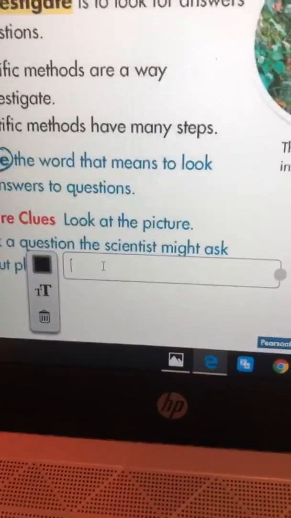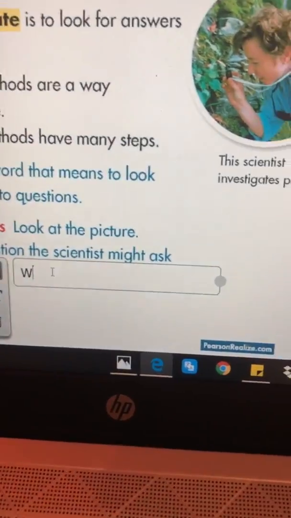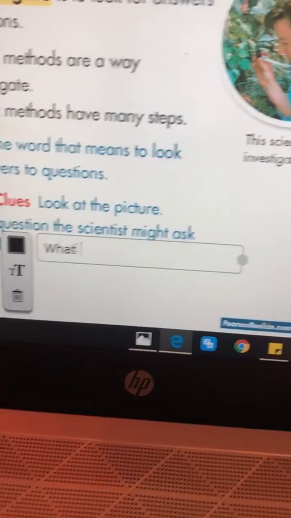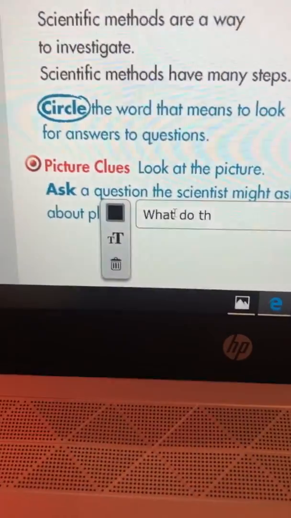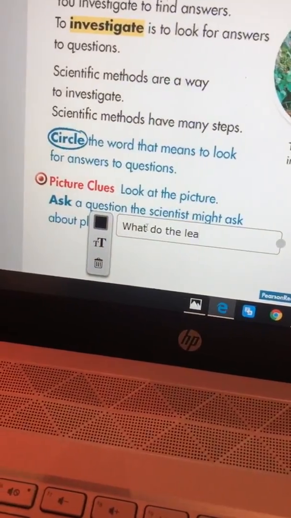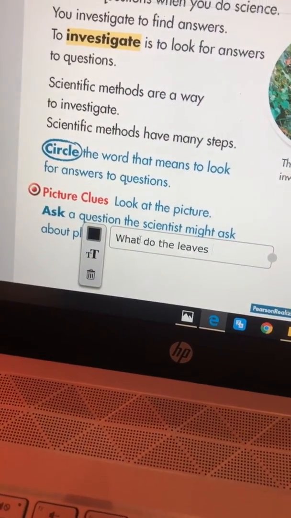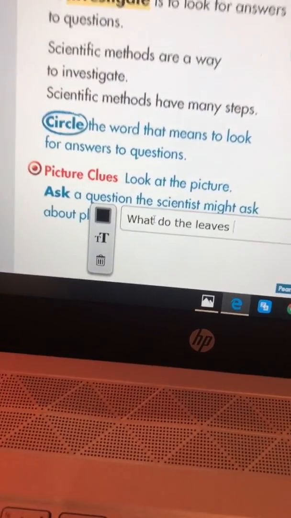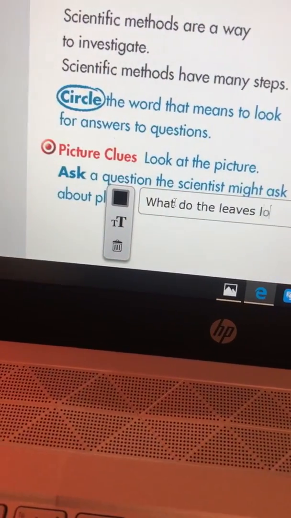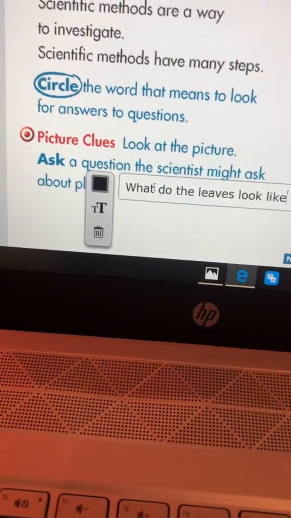So this is his question. Write with me. What do the leaves look like?